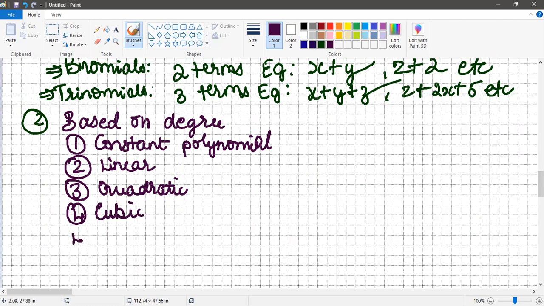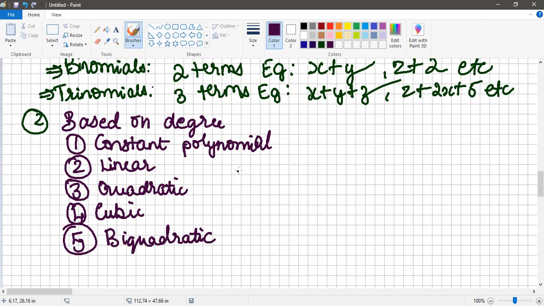I think the biquadratic spelling is wrong. I'm so sorry, I'm making a mistake. Okay, so I guess this is the spelling of biquadratic.